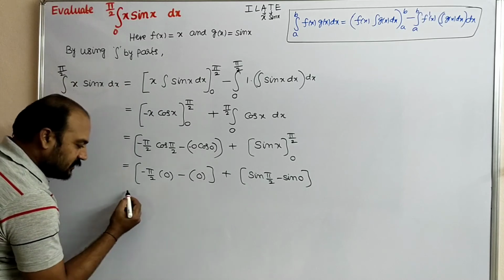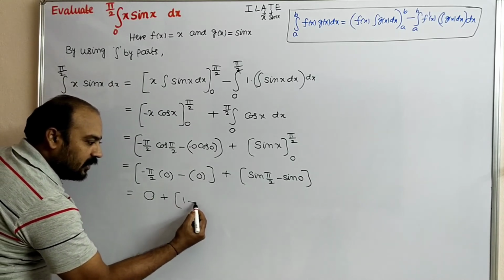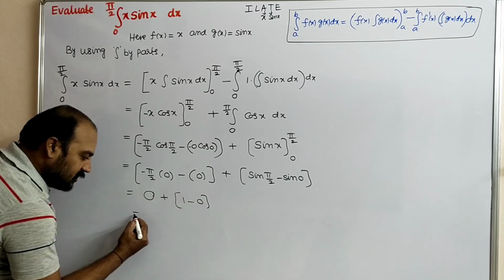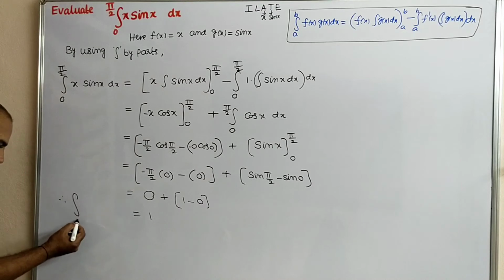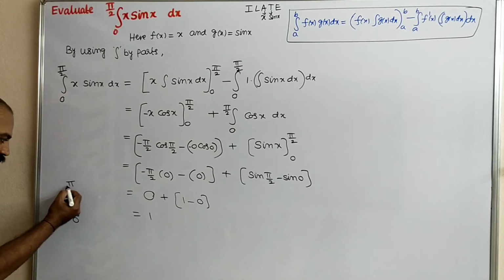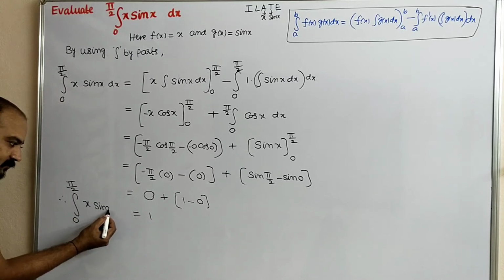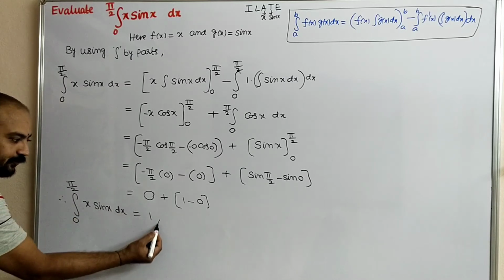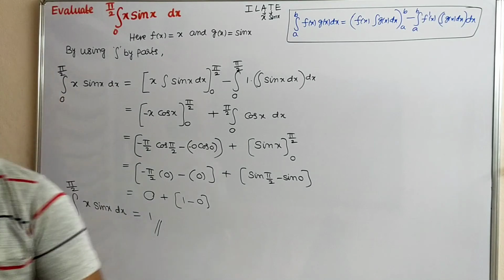So 0 into anything is 0, plus sin pi by 2 value is 1, minus sin 0 is 0, which is equal to 1. Therefore, conclusion step: integral 0 to pi by 2 of x sin x dx is equal to 1. We'll move to the next question.